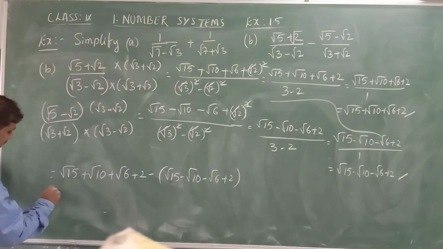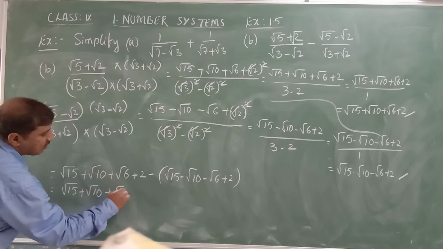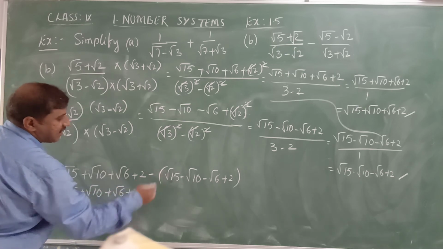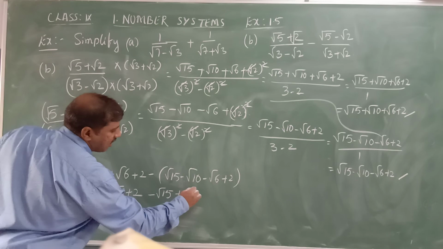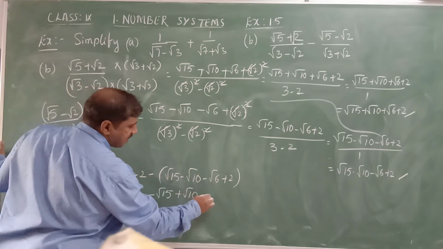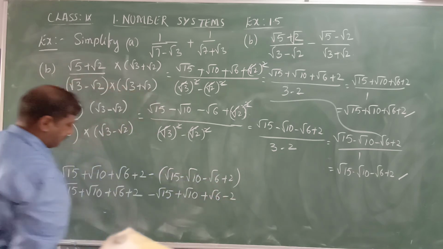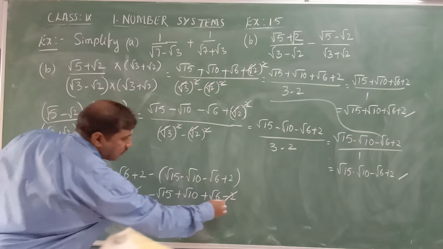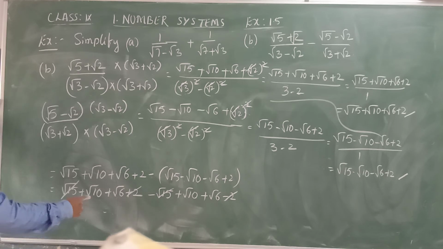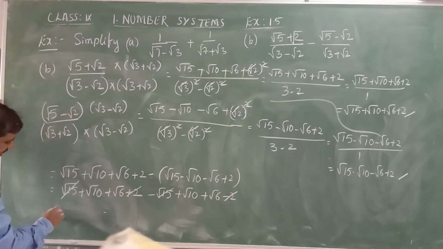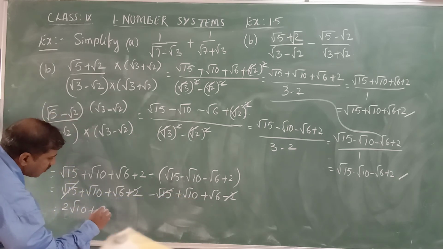Simplify this: minus into plus gives minus root 15, minus into minus gives plus root 10, minus into minus gives plus root 6, minus into plus gives minus 2. Now plus 2 minus 2 cancels, gives 0, and root 15 minus root 15 cancels. Now root 10 plus root 10 is 2 root 10, and root 6 plus root 6 is 2 root 6.